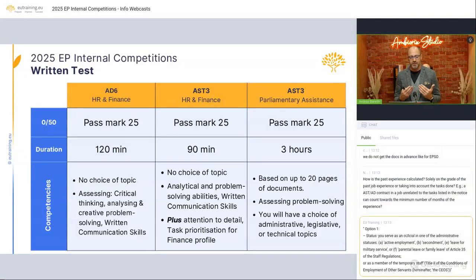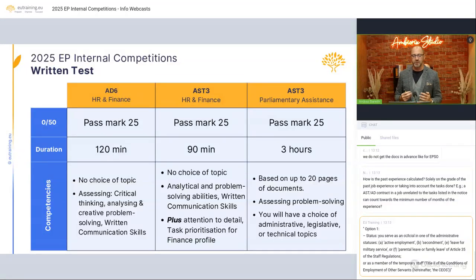Now, I'll spend a moment perhaps picking on the creative problem solving. What is creative problem solving? Well, you're not being assessed for Hollywood scriptwriting skills. So it's not that you need to come up with highly creative and completely unconventional ideas there.